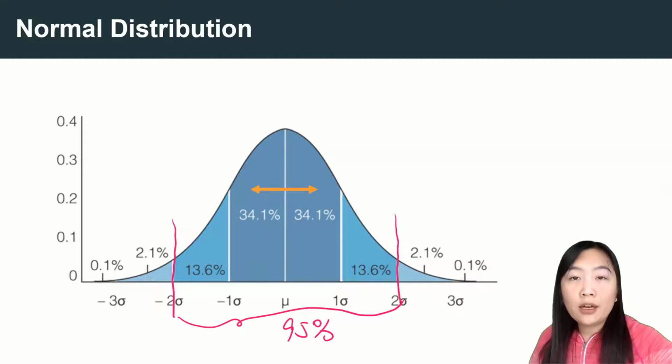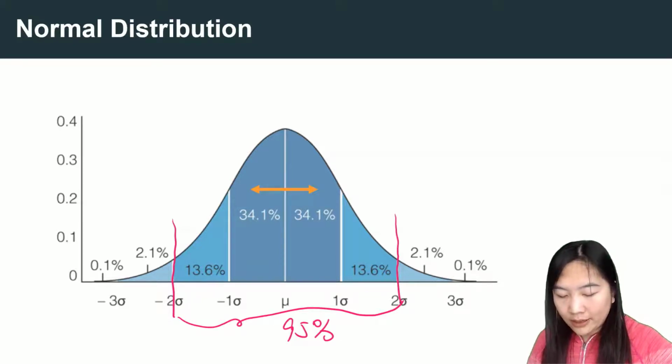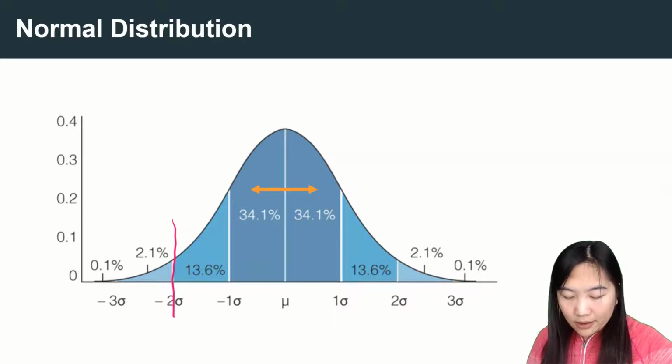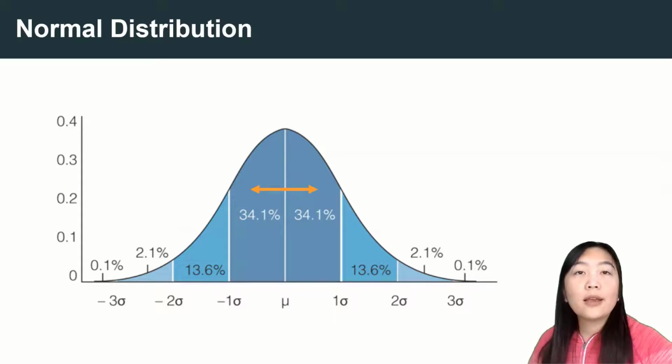So the outcomes falling in the 2 standard deviation range around the mean is around 95%.